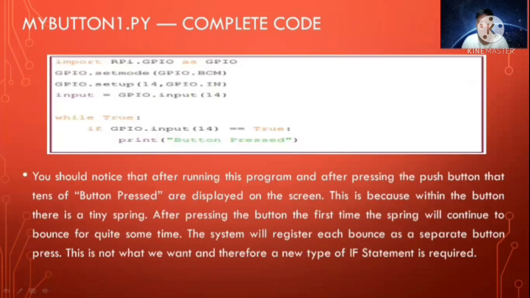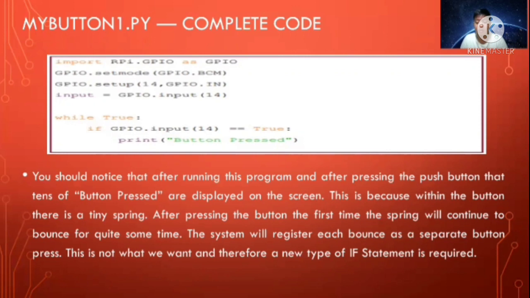So for the complete code for my button.py, this is the code for my button 1. Then you should notice after running this program and after pressing the button that tens of button presses are displayed on the screen.